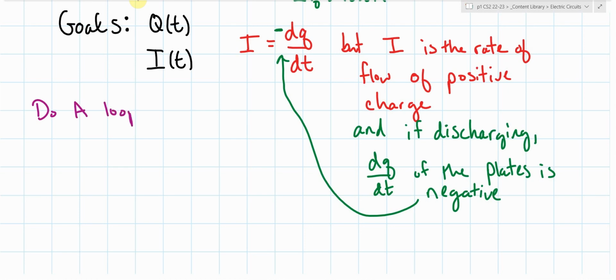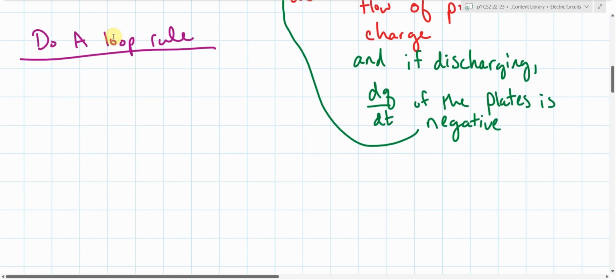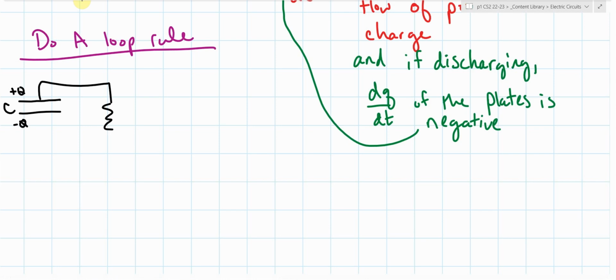Do a loop rule. You remember loop rules? Loop rule is my favorite. Let me just sketch this really fast again. This is capacitance. It's got charge on it. There's R. And it's got current I flowing through it.